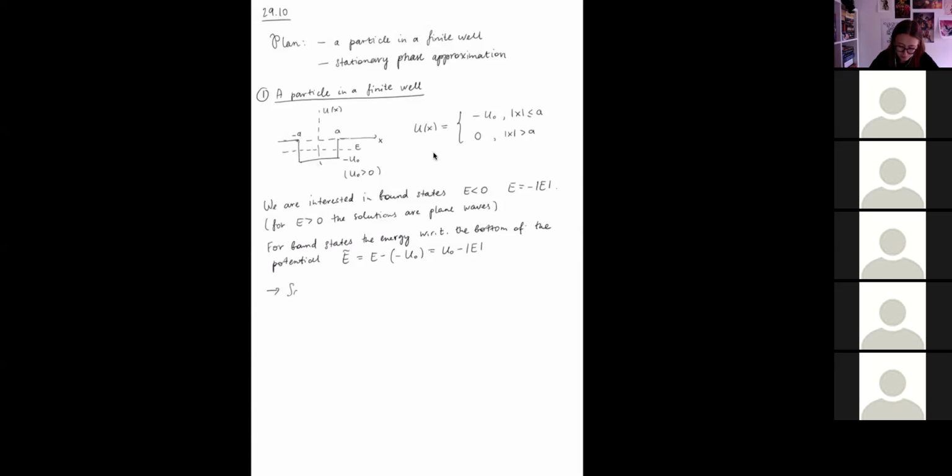So what we need to write is the Schrödinger equation for different regions. And then to bring all these separate solutions to one joint solution over the whole x-axis, we need boundary conditions.